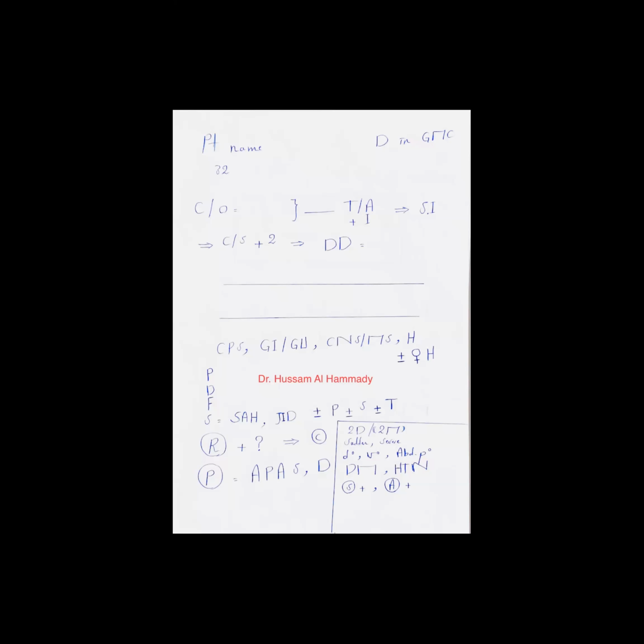I will write in the top right of my paper, as usual, doctor in general medical clinic, according to my role. I will write the role in abbreviations, D in GMC. I will write the patient name and age, and then CO is for the main complaint, and this line is for the duration.